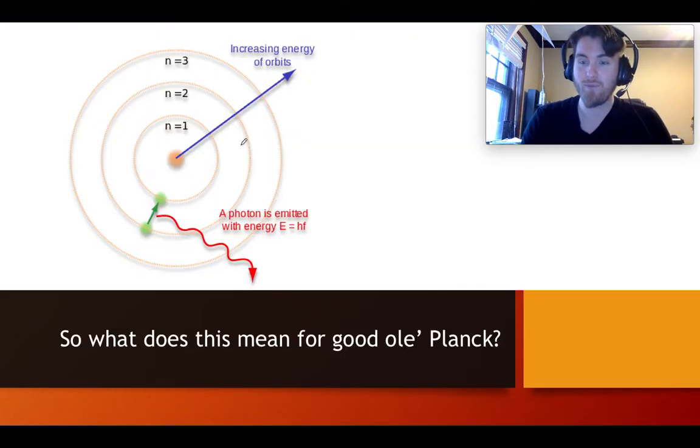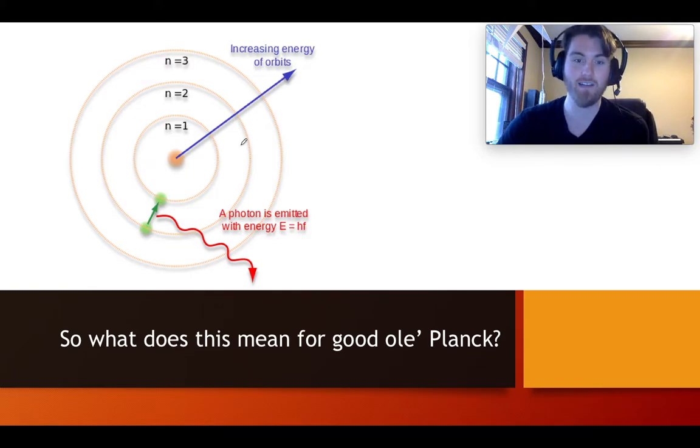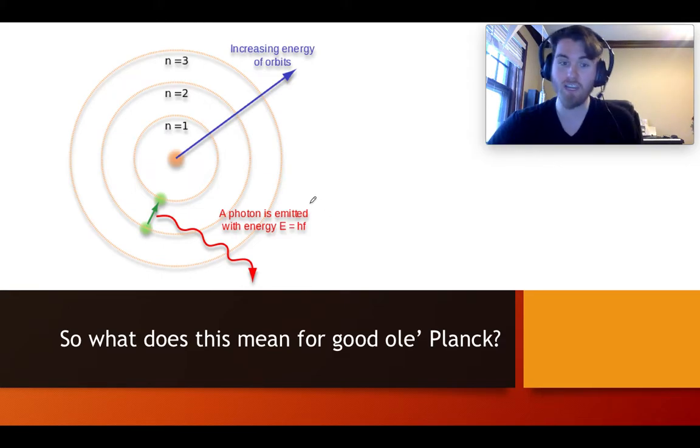Now, the idea here is that good old Planck, our main man Planck, he was right in his equation. It's why I taught you Planck's equation last time. He figured out that the amount of energy necessary is specific to that change in frequency.